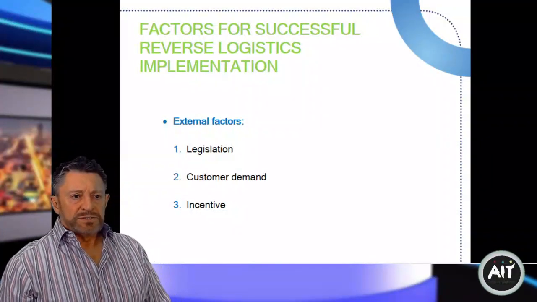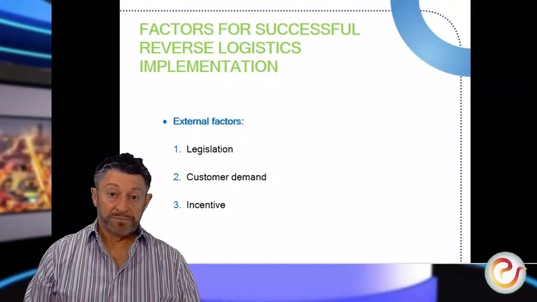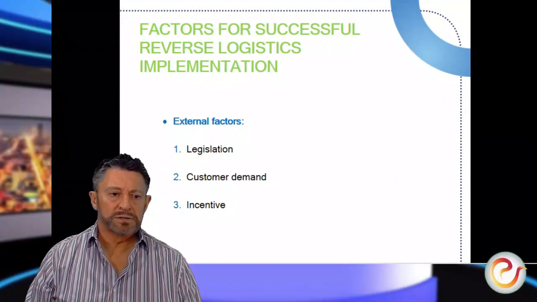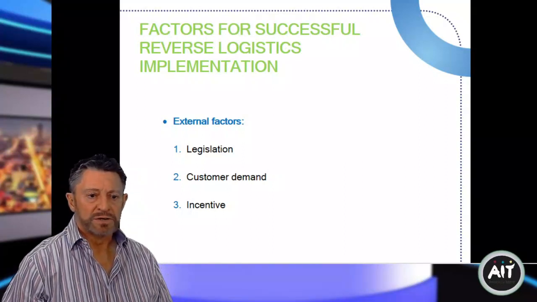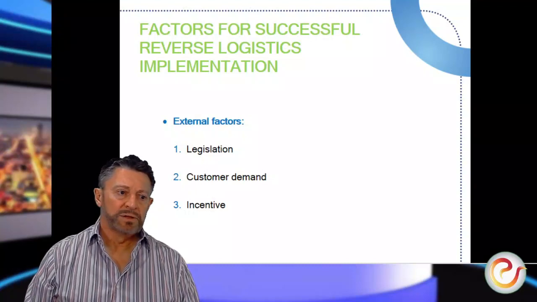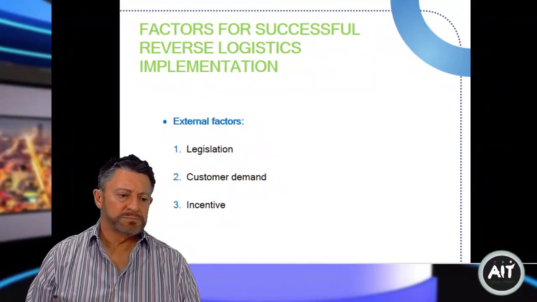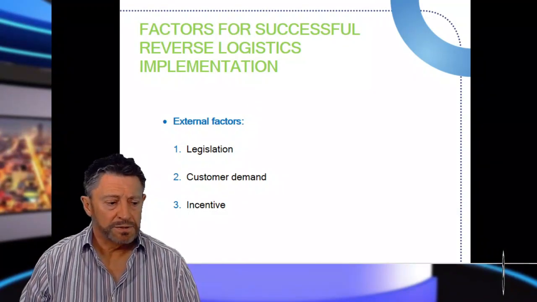So the external factors, again, for successful reversal are legislation, being forced to do it, or compliance, and then of course customer demand and incentive. There has to be a strong incentive for customers to return products, or there's a very strong, healthy second-hand market for your products.